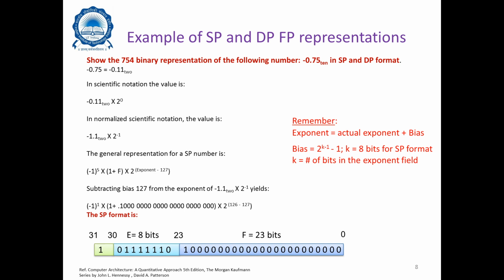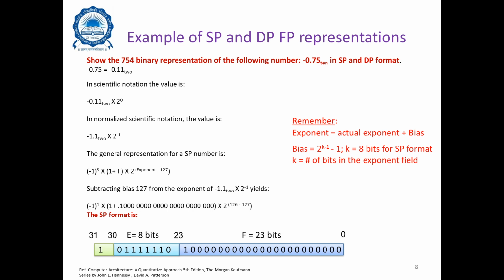Okay, so now going by the generic representation for a single precision number, it is minus 1 to the power s times 1 plus f times 2 to the power exponent minus 127. So now if we subtract the bias 127 from the exponent, what is going to happen? Because we wanted to get a number minus 1, which is the actual exponent that we are talking about, in this case the exponent field will be 126.